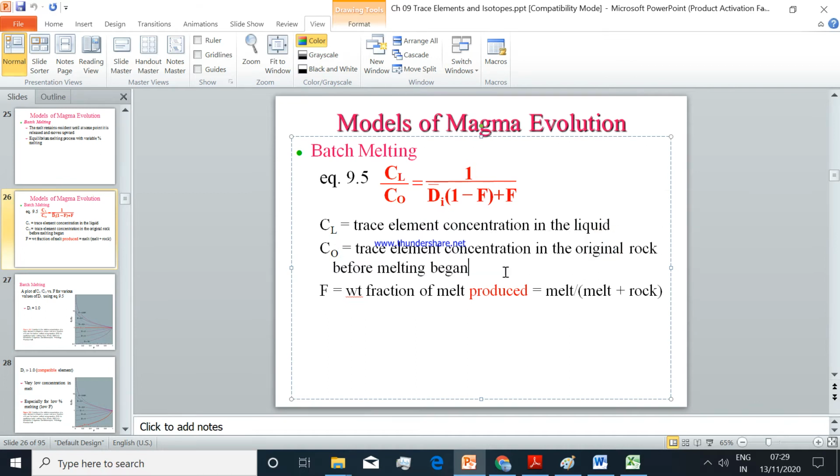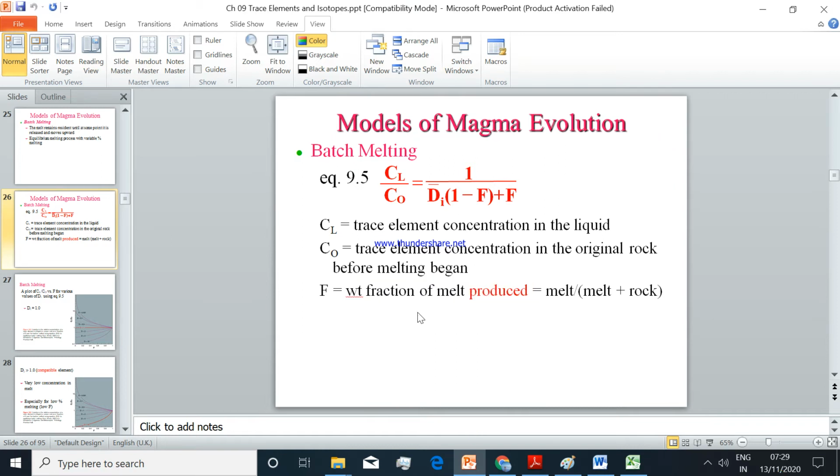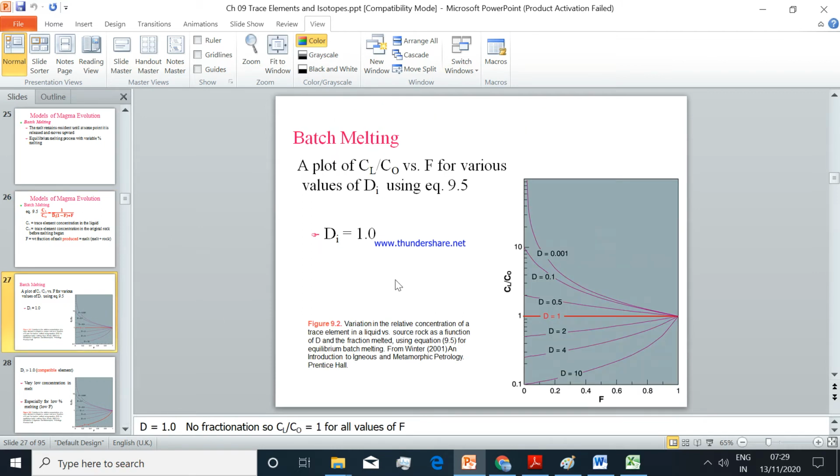The weight fraction of the melt produced will increase with time, and at a certain point of the batch melting, the melt will try to escape the system.